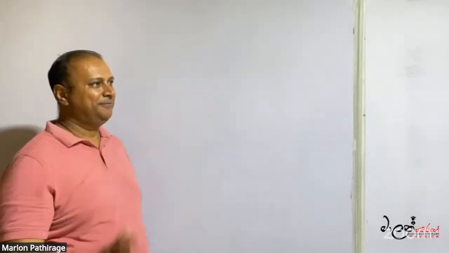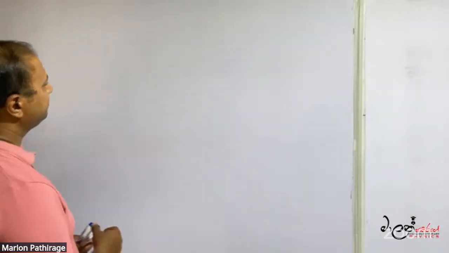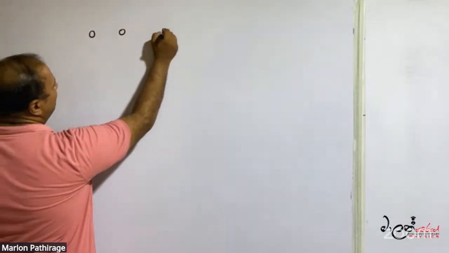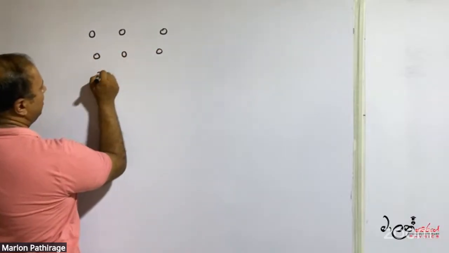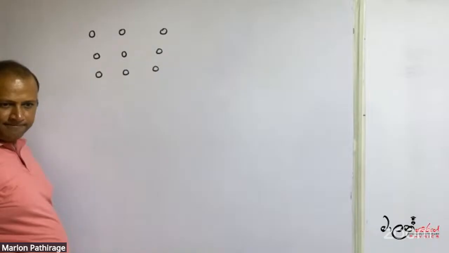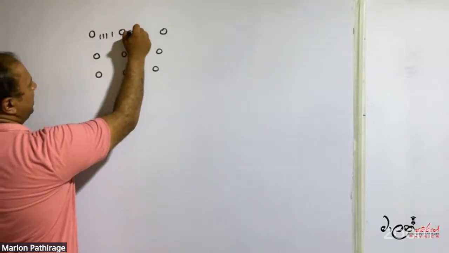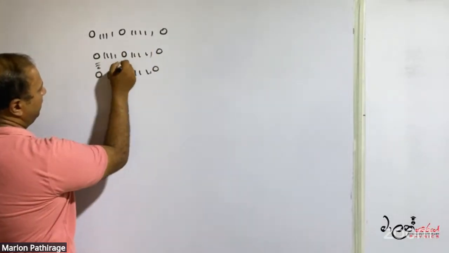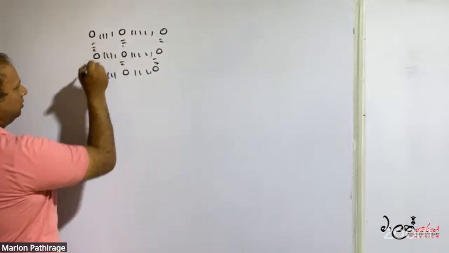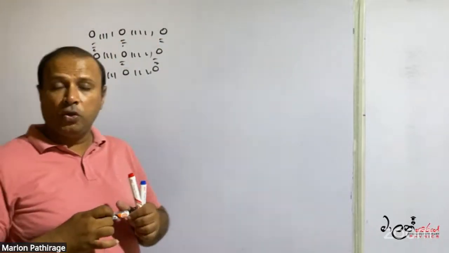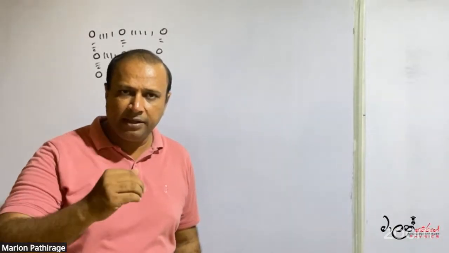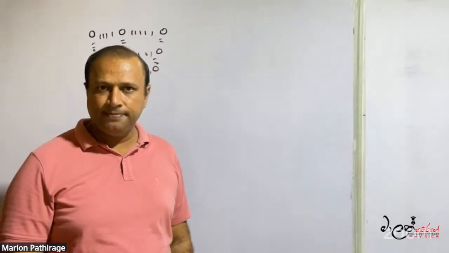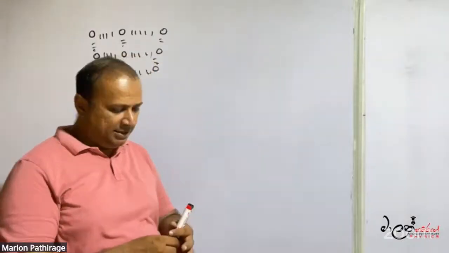Okay. So, if we consider a material, any lattice, there are intermolecular bonds in between those atoms, in between those molecules. So, if you want to break those intermolecular bonds, we have to give an energy. That energy is a heat energy, definitely.